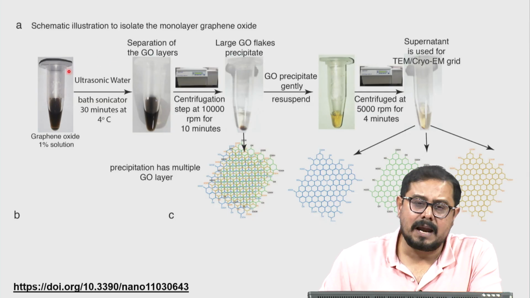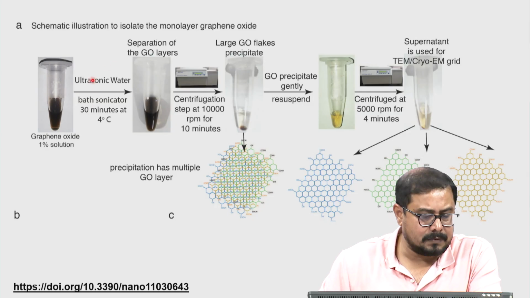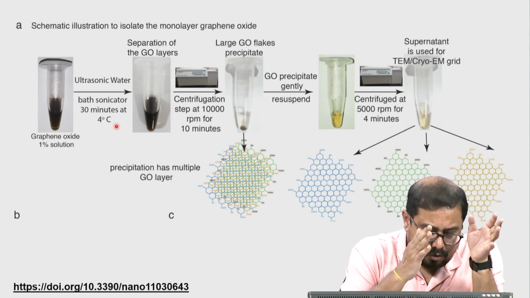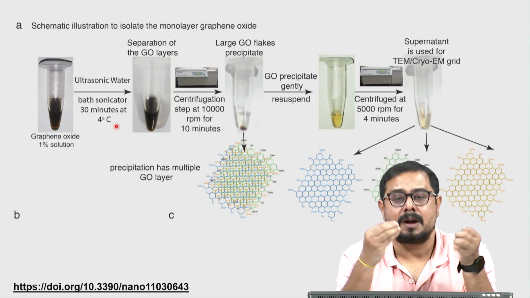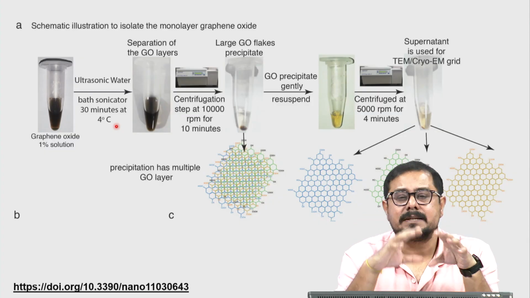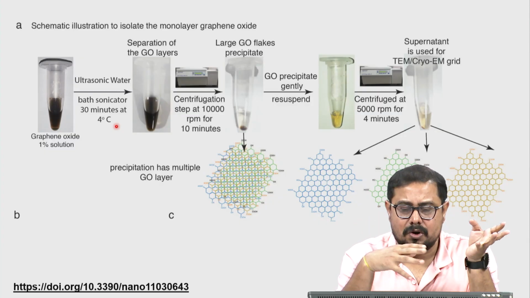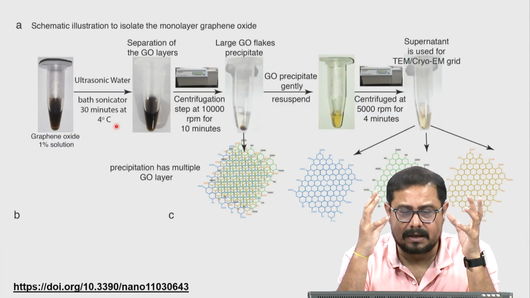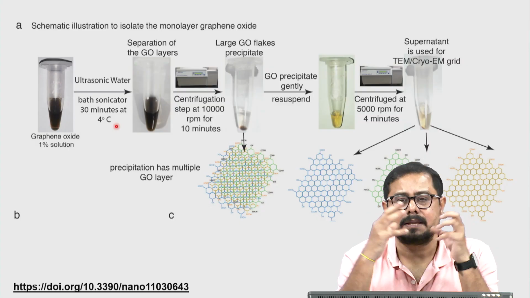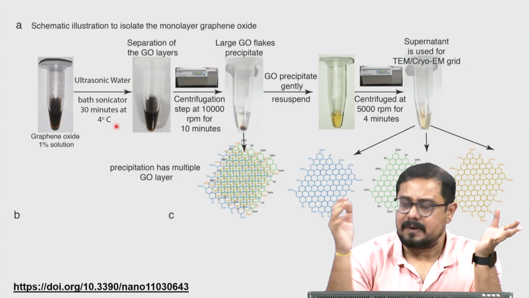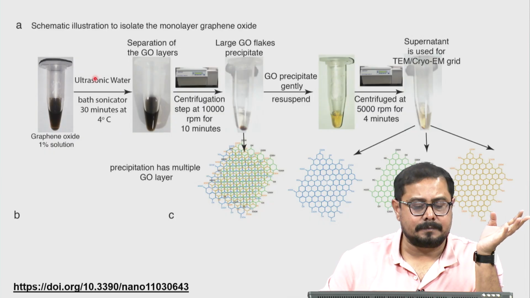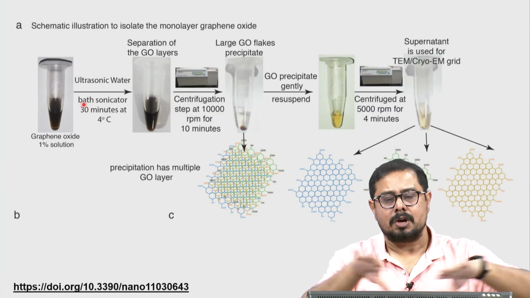Then we use an ultrasonic water bath for sonication for 30 minutes, because when we use the graphene oxide solution that we can purchase from Sigma, it is always better to use a fresh solution. Otherwise graphene oxide will come together, aggregate and precipitate, and it will be very difficult to use the water bath sonicator to separate them.